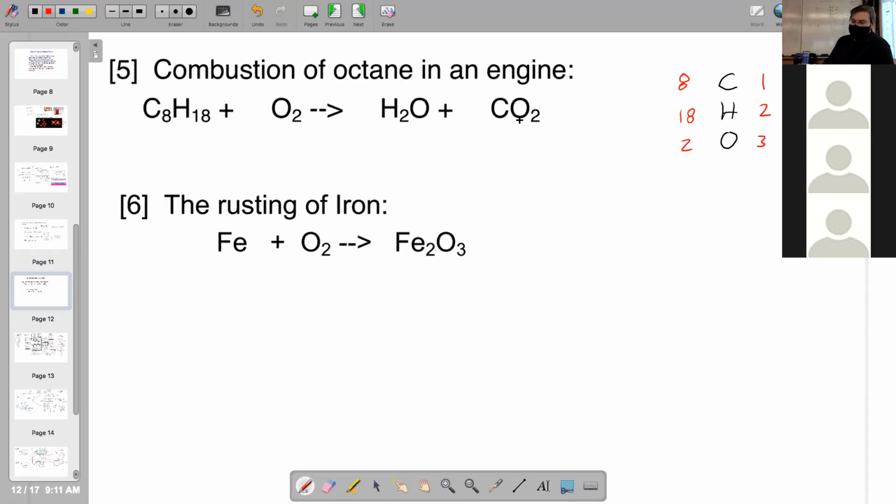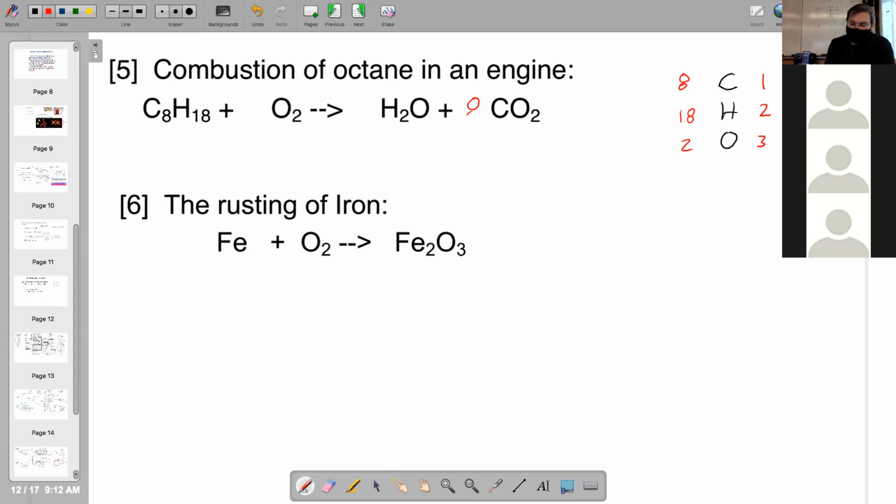So these numbers don't look nice and neat at all. And it sort of doesn't matter which one you start with. But if you're just going atom by atom, on the left-hand side, there's 8 carbons, and on the right-hand side, there's only 1 carbon. In our little list here, we definitely need more carbons.